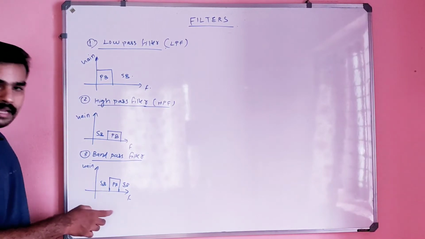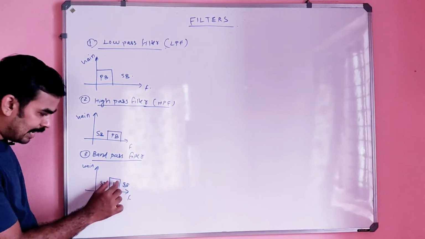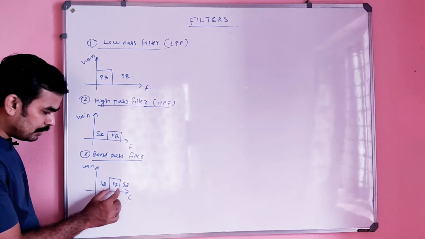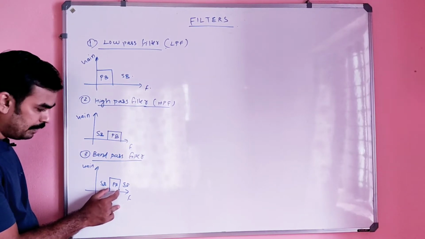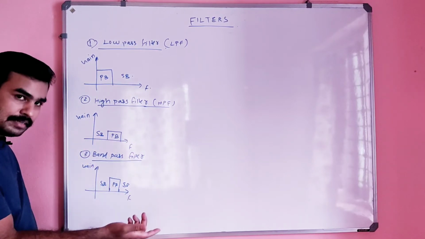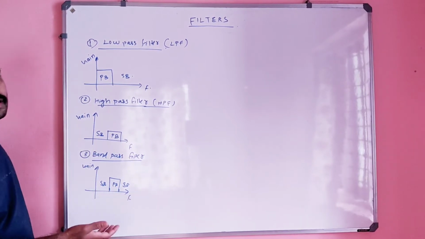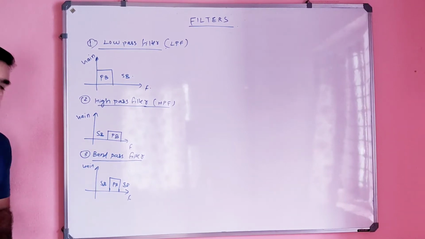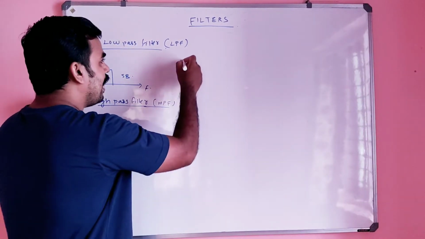This will be the gain versus frequency graph. That means it allows a particular band, a particular width of frequency, and all the remaining frequencies, whether low or high, will be blocked. That is the meaning of band pass filter.